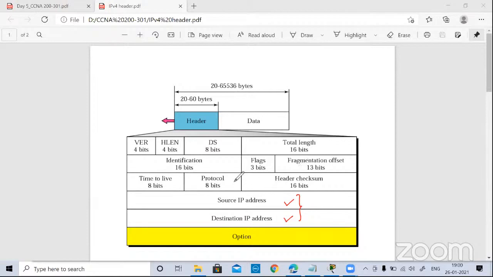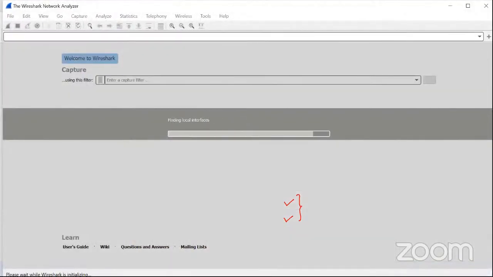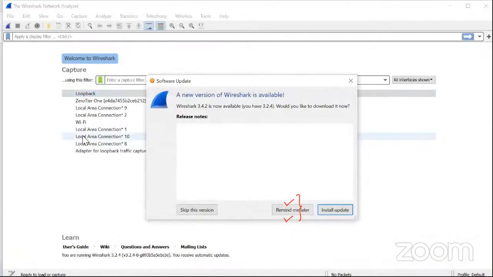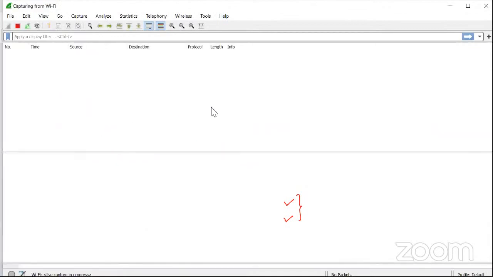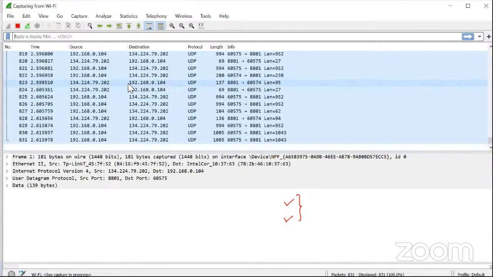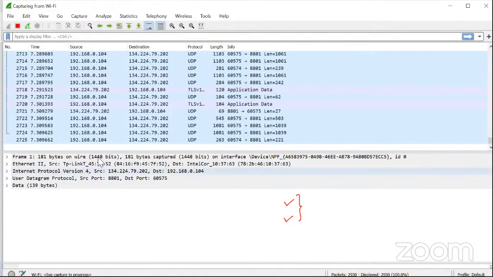And this you can go and check out if you have Wireshark installed. You can directly try to open that. Let me just show you that. So you can see even this in your Wireshark also. If I open this Wireshark and randomly pick any packet from this, you see that we have data, we have Internet Protocol Version 4.